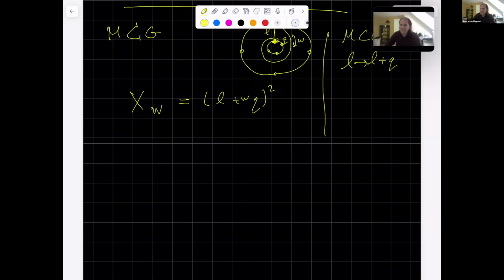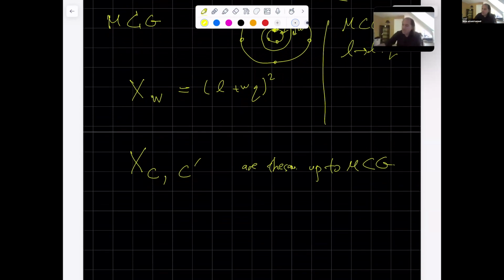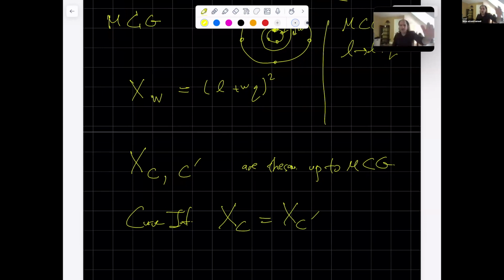We can simply identify, so if I have 2 curves C and C prime that are the same up to the action of the MCG, for example, in this annulus case, they just differ by winding, in the curve integral, we can simply just give them the same x. So in other words, just the exponents that occur, we can just declare are the same for all the curves that are the same up to winding, up to generalized winding.